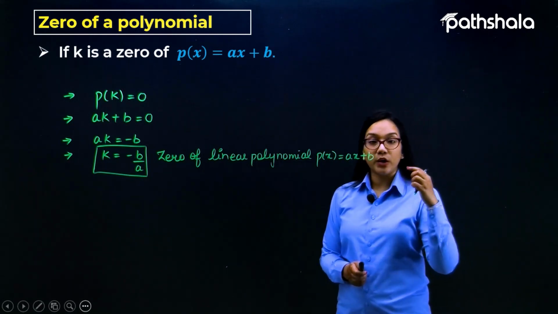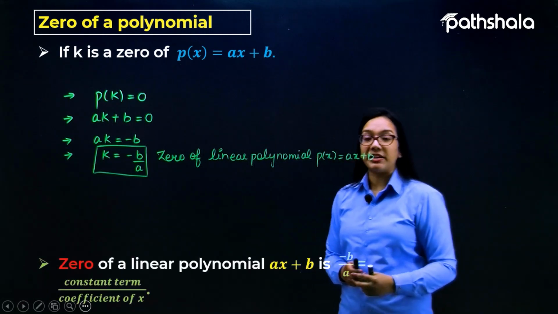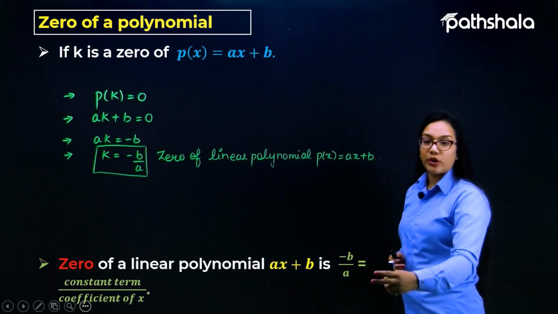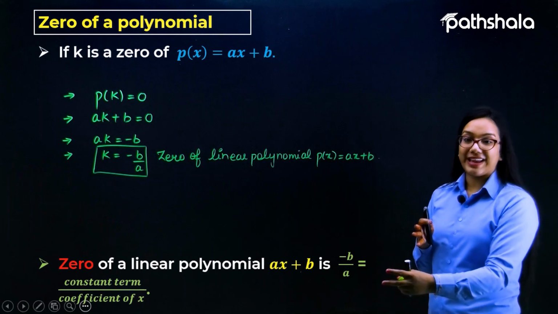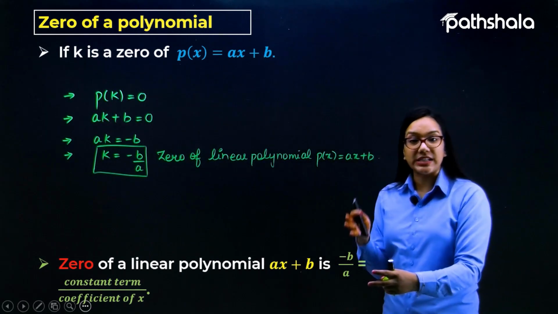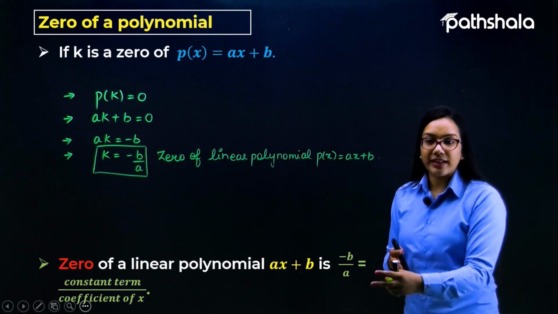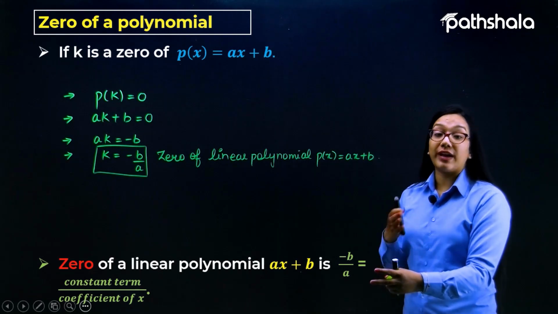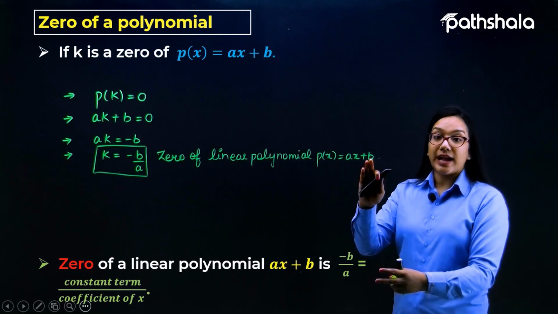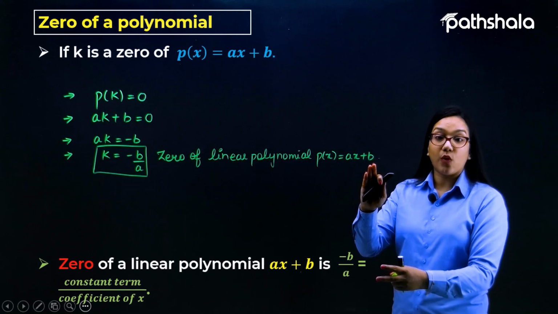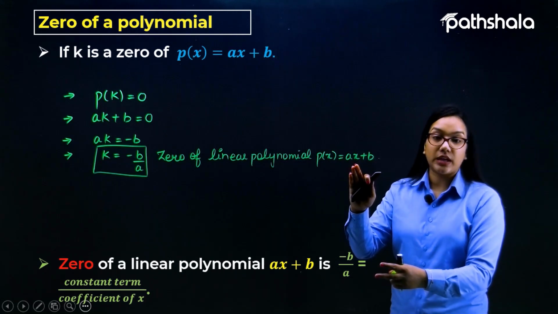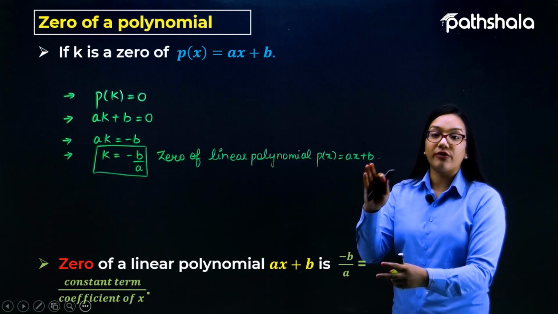So what we can conclude from this statement is that the zero of the linear polynomial, which was minus b by a, can be represented as the constant term divided by the coefficient of x. You can see that this b term is the constant and a is the coefficient of x.